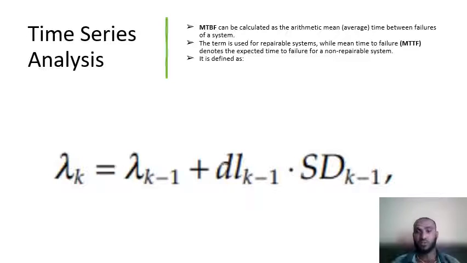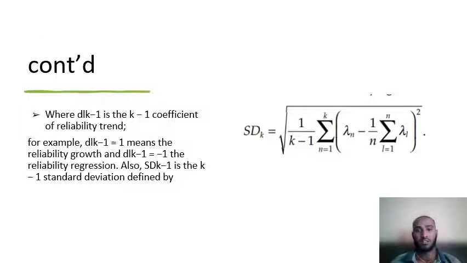The term used for repairing a system is mean time to failure, MTTF, and it can be defined as lambda k. The other one is the coefficient SDK.